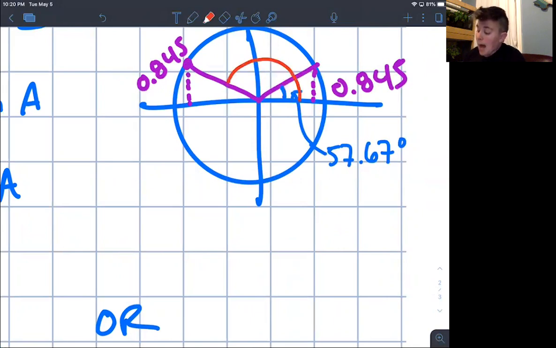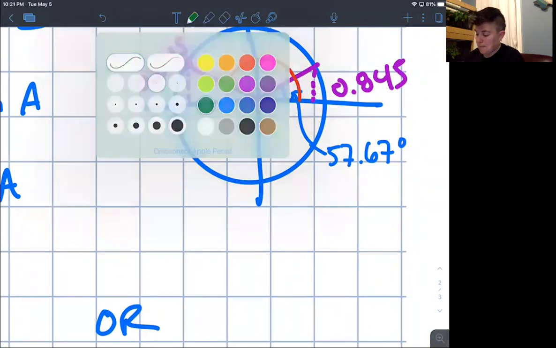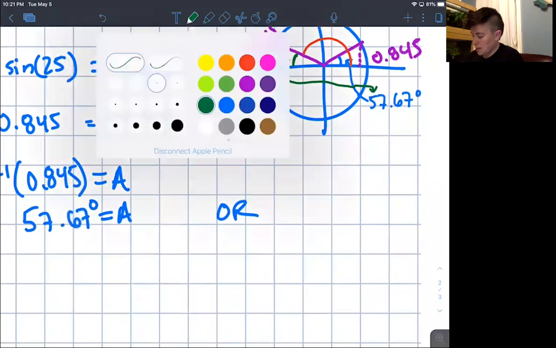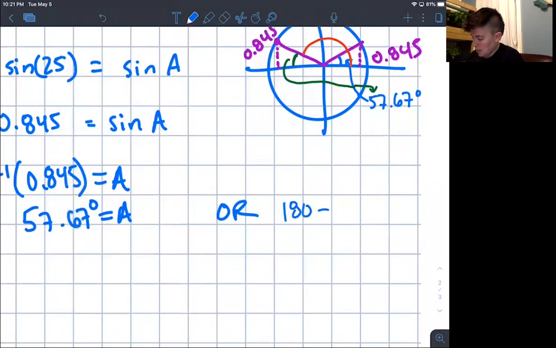The whole angle across the top is 180 degrees. So I'm just going to do 180 degrees minus this little angle right here, which is also 57.67 degrees. So 180 minus 57.67.